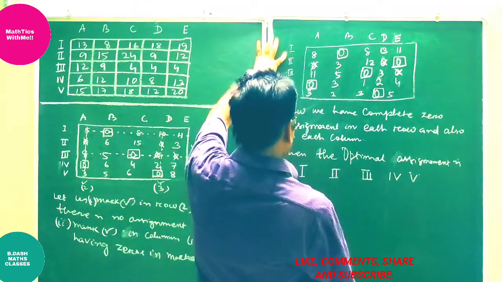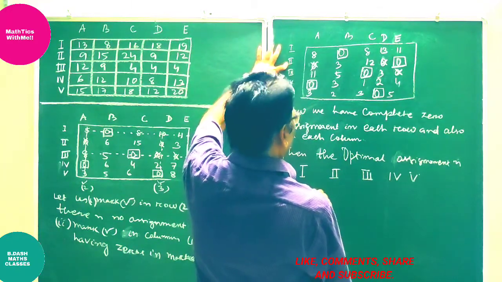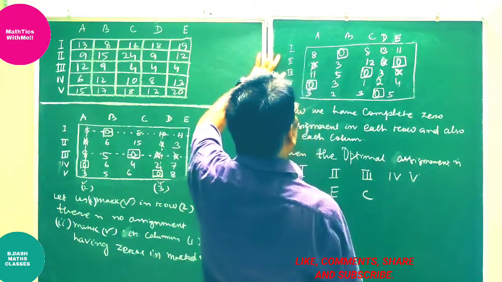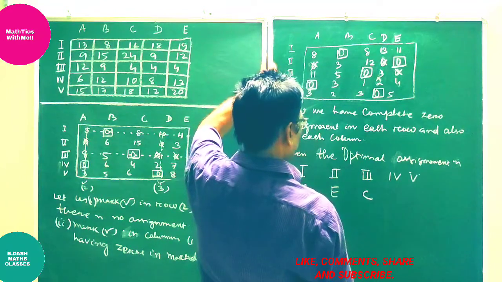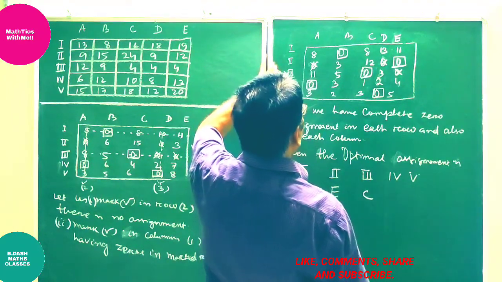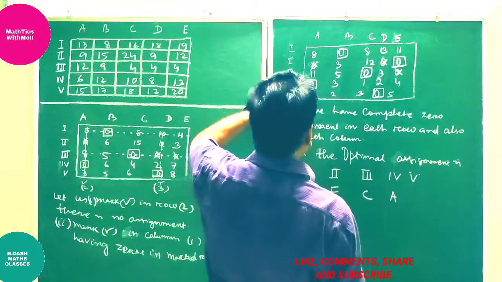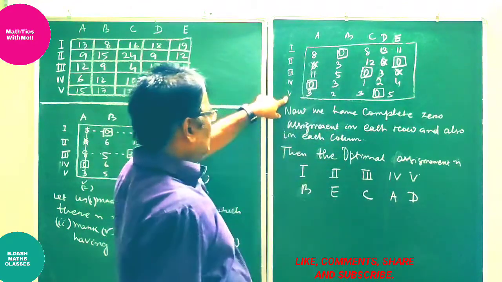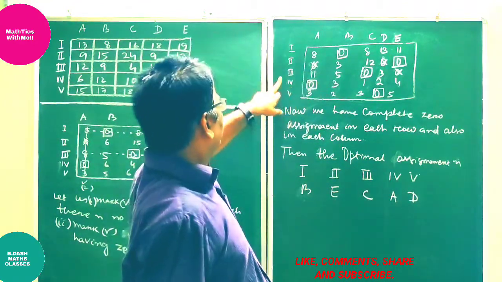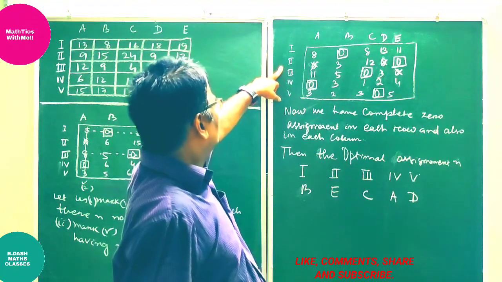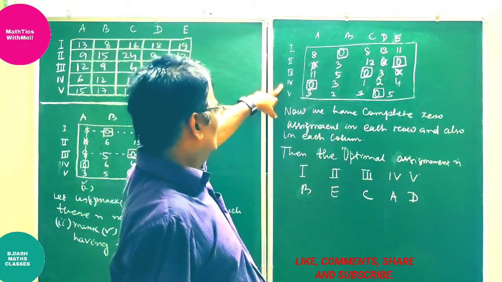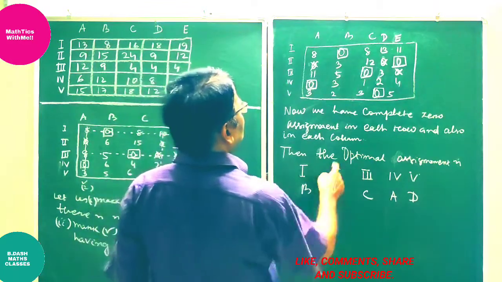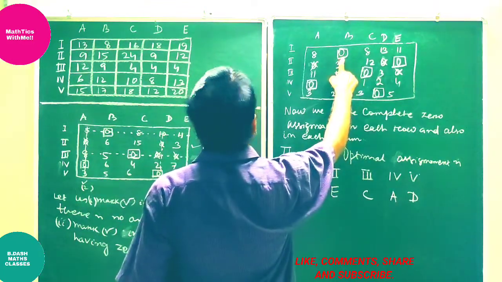Now for the first the assignment is B, for the second assignment is E, for the third the assignment is C, for the fourth the assignment is A, and for fifth we have D. So for first it is B, second it is E, third it is C, fourth it is A, and fifth it is D.